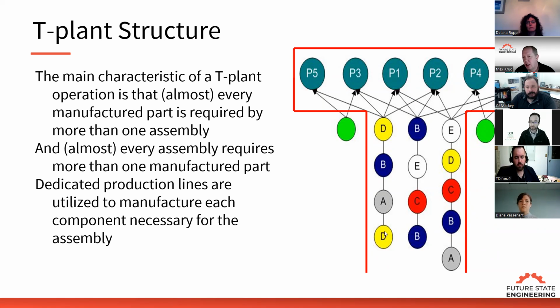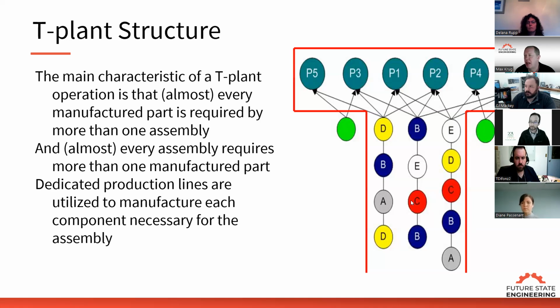So they have a line dedicated to machining blocks. They have a line dedicated to machining heads, right? And then when it gets to assembly, every engine has a block, every engine has a head. They add other components at the assembly process to configure that to the customer's order. And then they buy outside purchase parts and so forth. And so they have these dedicated lines, and they have a cam line.